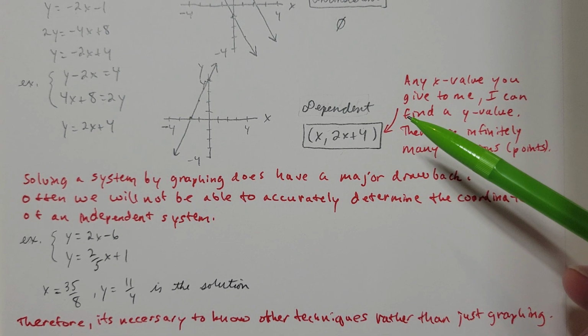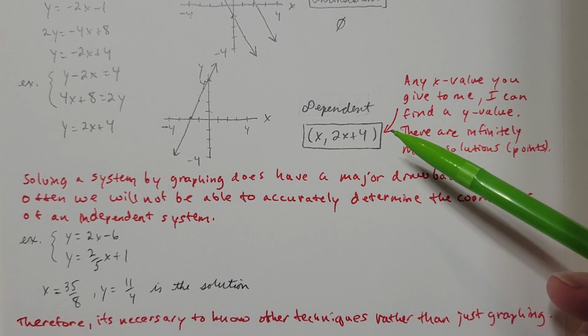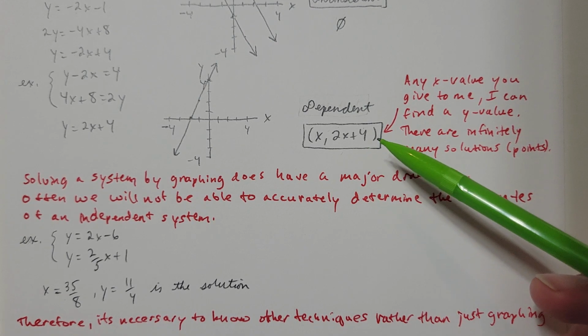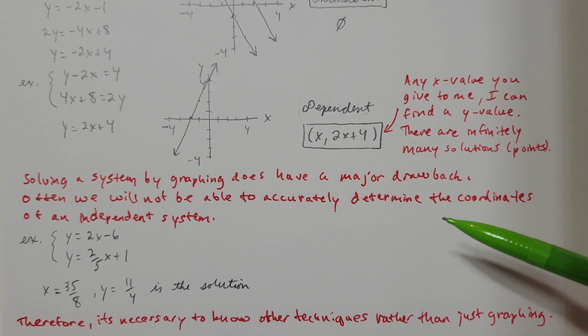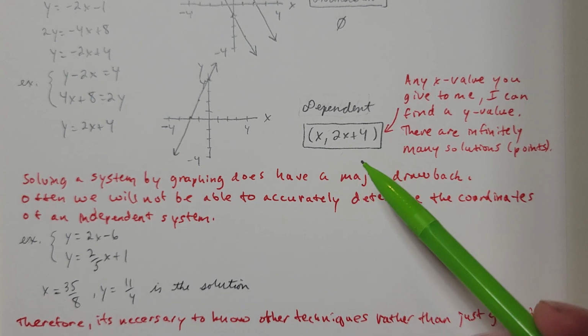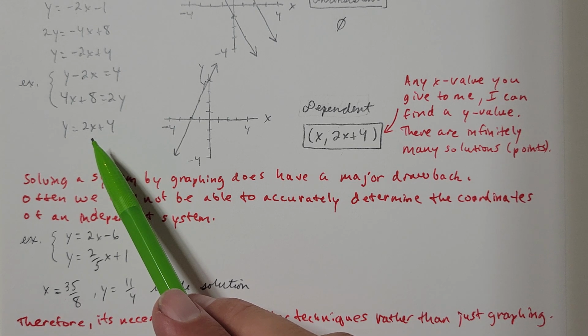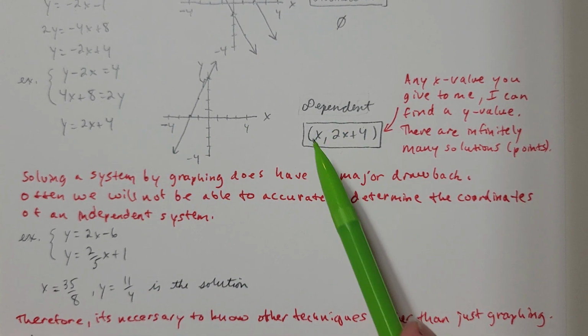Now, my answer is going to be stated as an ordered pair. And in the ordered pair, I have to write everything in terms of x or y. Okay, so I'm going to write the point (x, y), but in the y coordinate spot, instead of writing y, I'm going to write 2x plus 4. Now, this would be my answer.